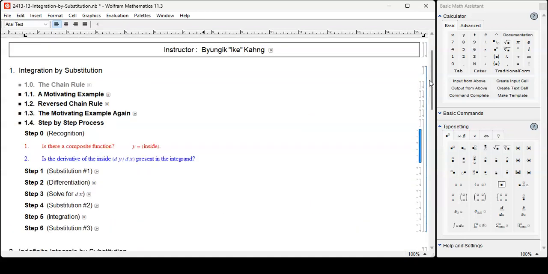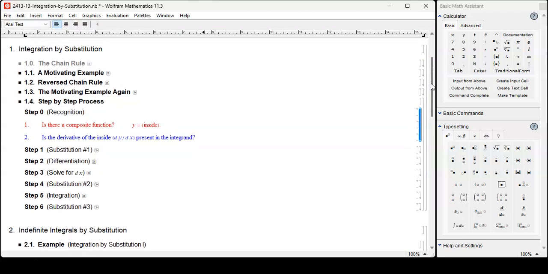Step 0, recognition, that's a big deal in calculus 2 too, because there are plenty of other techniques. And then which one is right, that recognition is going to be important. In calculus 1 it is much less of a deal. I mean, this problem is coming from this section, so it's got to be integration by substitution. So y as the inside.